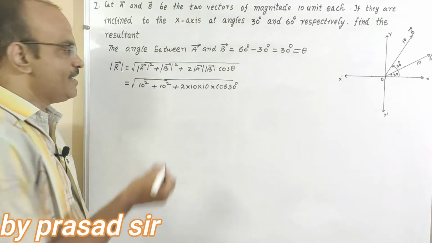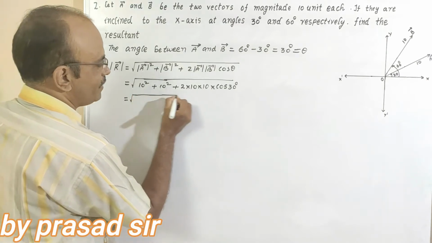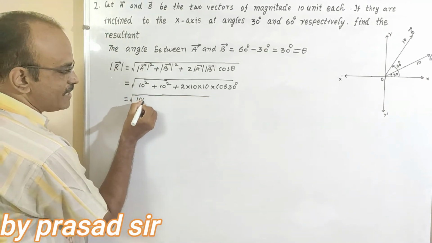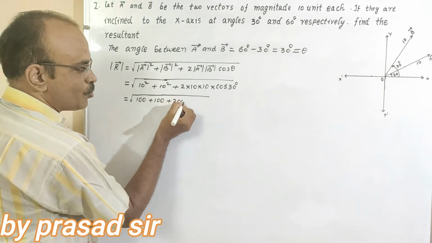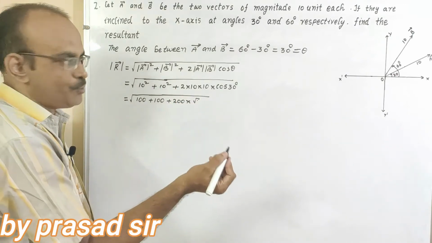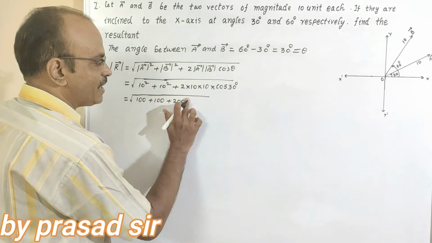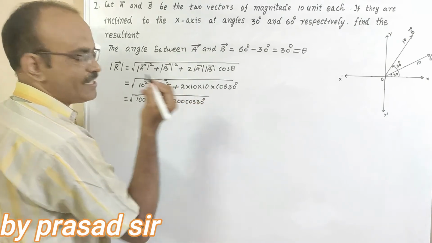Now, 10 squared is 100, and here 100 plus 200 cos 30 degrees, where the value of cos 30 degrees is root 3 by 2. But I will write it in another way, 200 cos 30 degrees.